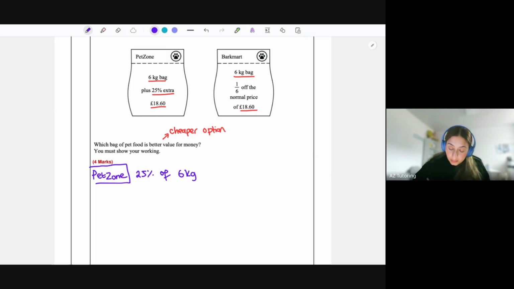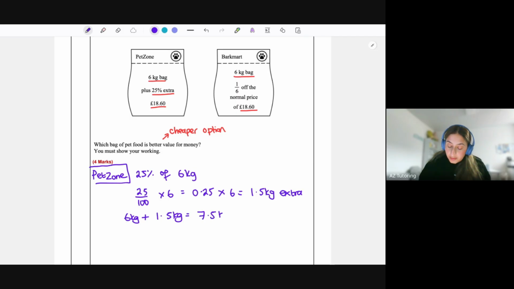But if you've got a calculator, you do 25 divided by 100 times 6, which is 0.25 times 6, which is 1.5 kg extra. So altogether, she is getting 6 kg plus 1.5 kg, which is 7.5 kg for £18.60.